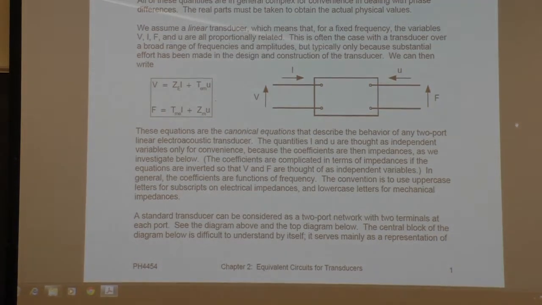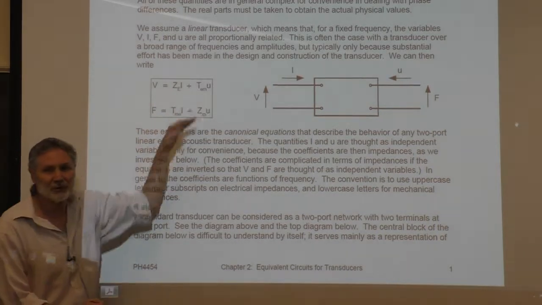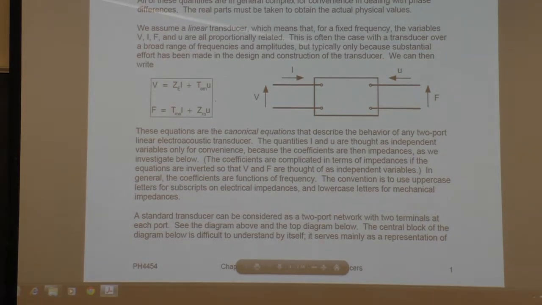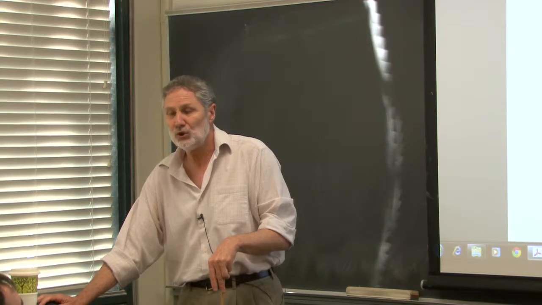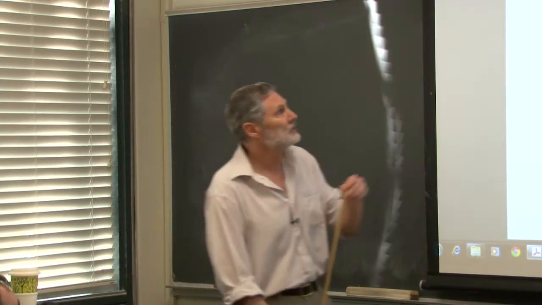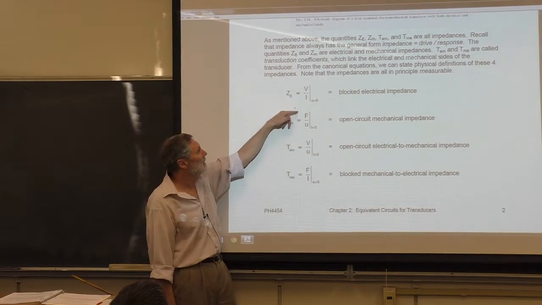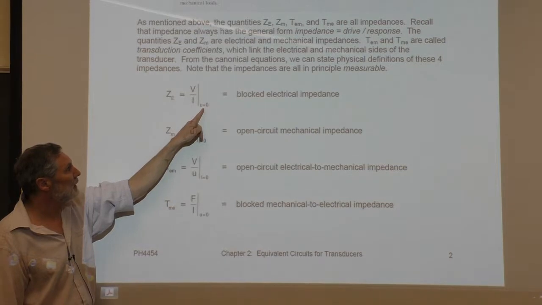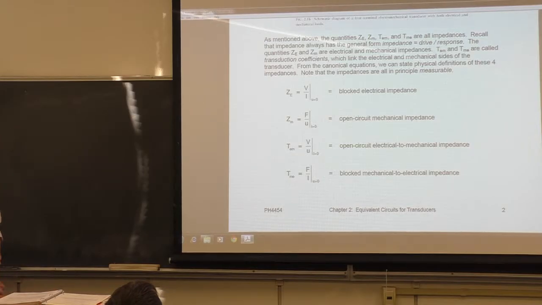This is so important in transduction that we have one word that we associate with this, so we don't have to say no mechanical motion. We use the word blocked. Blocked in transducer theory means that there's no mechanical motion, which mathematically means U is equal to 0. So we can write that the physical meaning of the electrical impedance here is the voltage divided by the current, the usual thing, under the condition of a blocked system, U equals 0. That's the meaning of the electrical impedance.